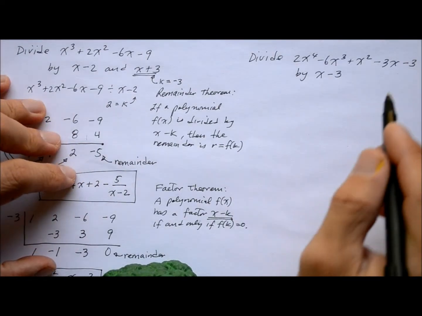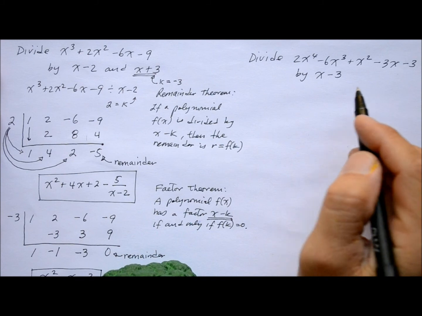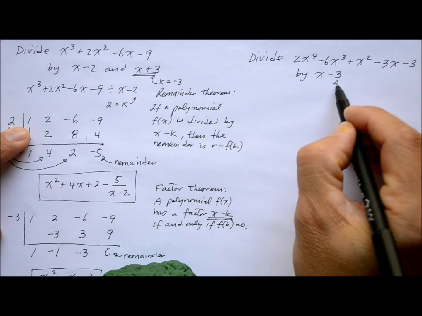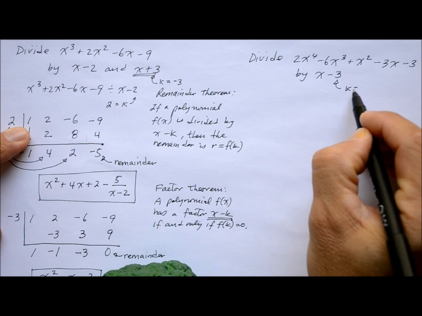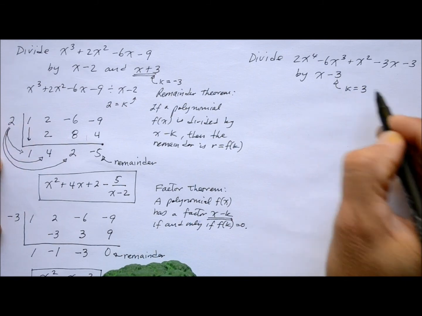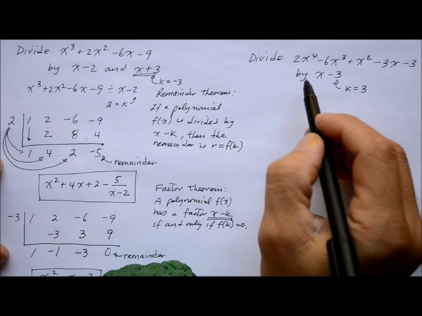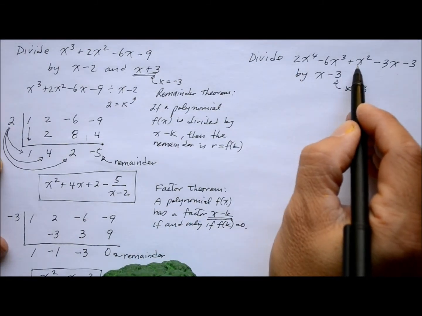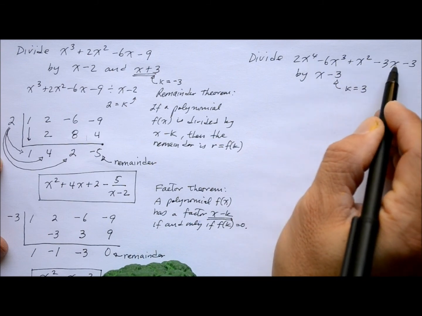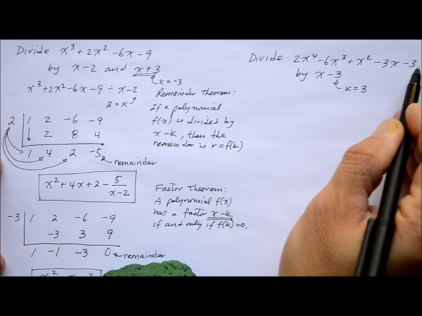Here we go. So now you said, all right, I remember. All I'm going to do is first identify my k. k is the inverse of the binomial x minus 3, the constant, so it's going to be 3. Then I'm going to list all the coefficients. But first, are they in sequential order: x to the fourth, x cubed, x squared, x, and a constant? Yeah.